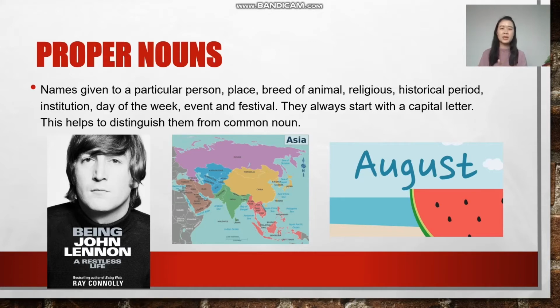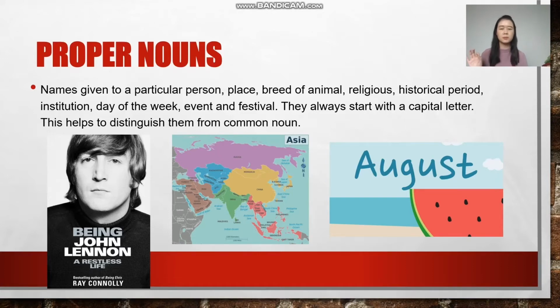So if we are talking about your name or my name, that is a proper noun as well, because that name is particular, it is special for us. Like my name, Ajahn May or Kamonwan, that is a proper noun as well. This is not the pronoun.